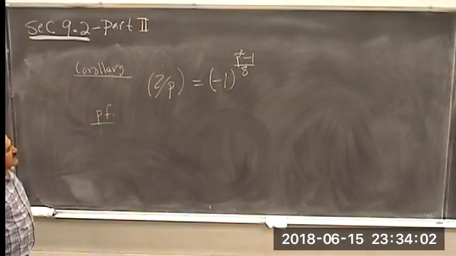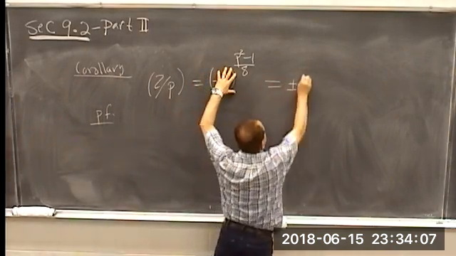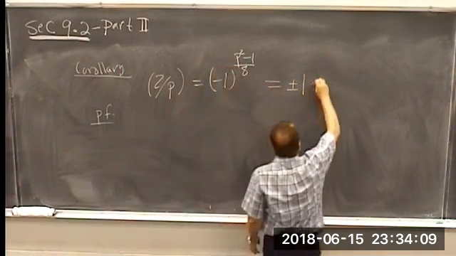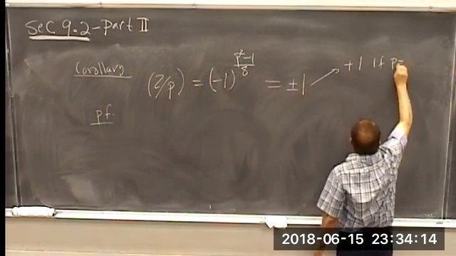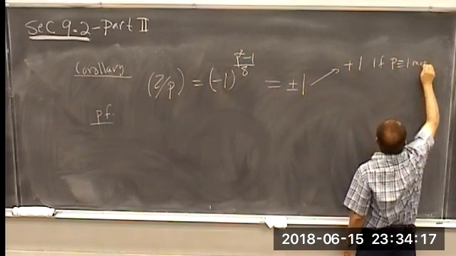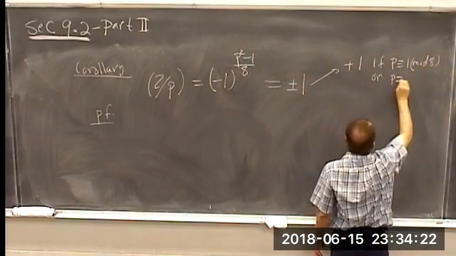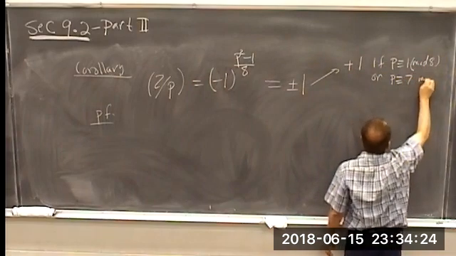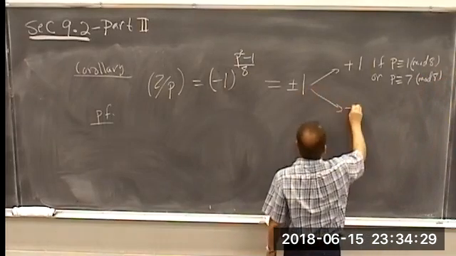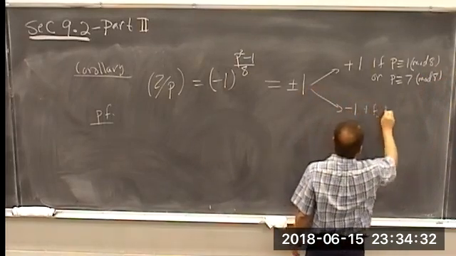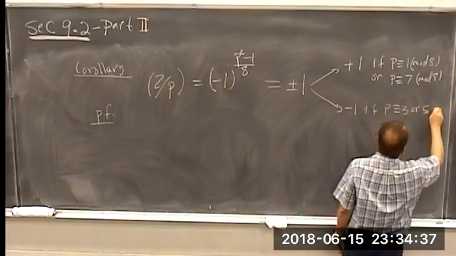And the proof of this is actually, we know that this is going to be plus or minus 1. So I want to show that it gives me plus 1 if p is congruent to 1 mod 8, or p is congruent to 7 mod 8. And it's going to give me minus 1 if p is congruent to 3 or 5 mod 8.